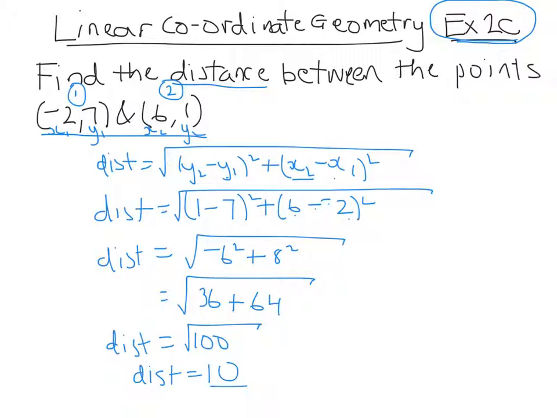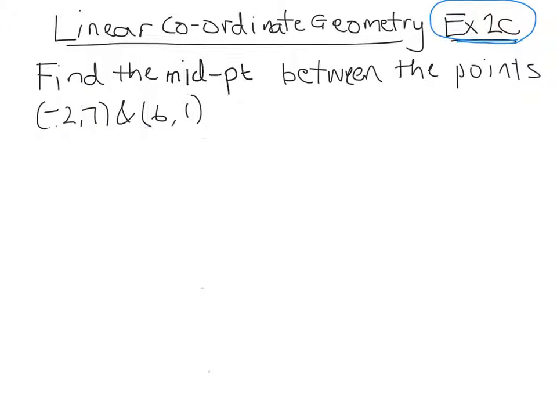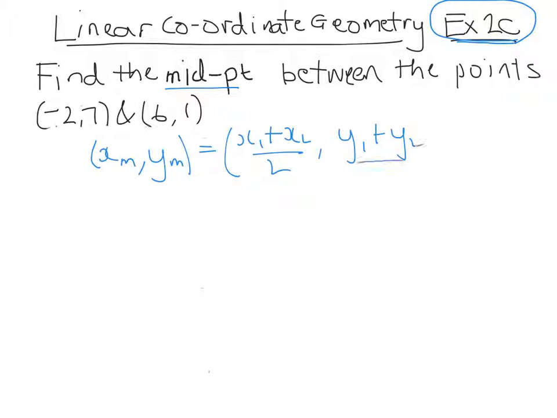Let's try something else. What if we change the problem and say we need to find the midpoint? What's halfway between these 2 points? The midpoint formula is x1 plus x2 over 2 and y1 plus y2 over 2. So halfway between the x values and halfway between the y values.